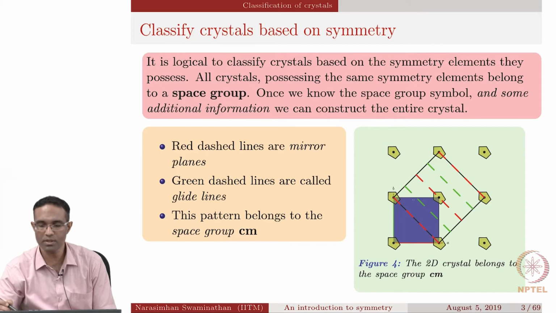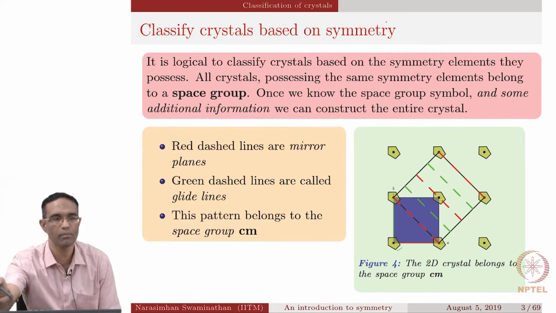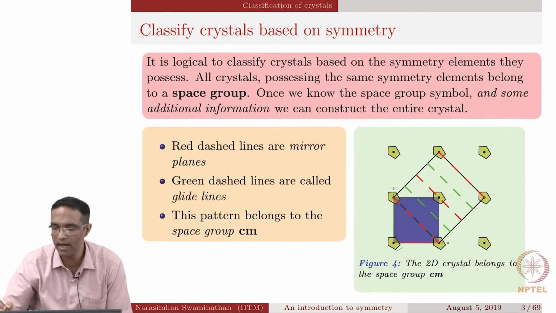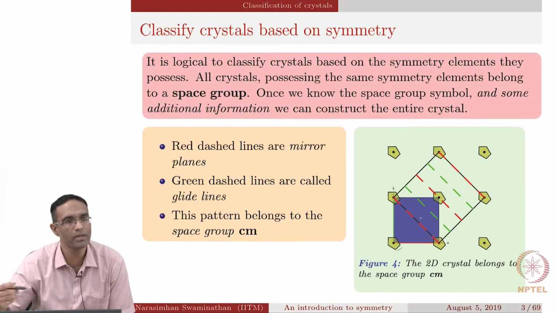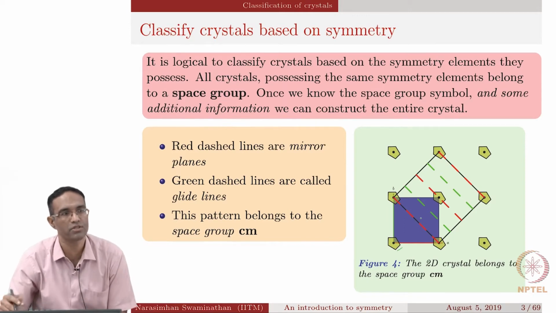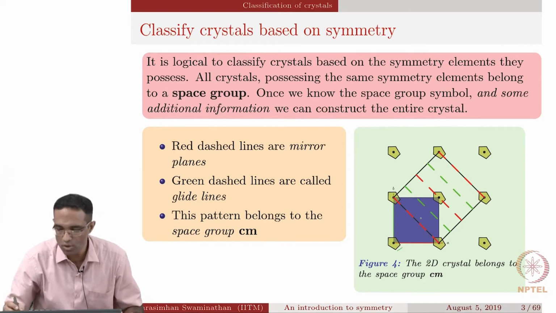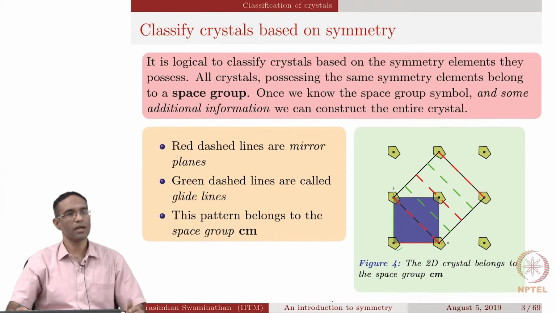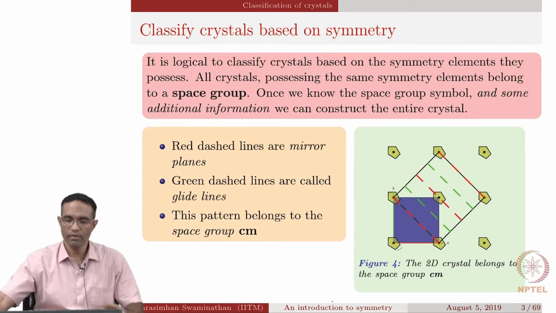It also possesses something called glide lines, because if I take this, reflect it and move it forward, reflect it and move it forward, reflect it and move it forward by half the lattice distance, I still will be able to reconstruct the entire lattice. So we will talk about these additional translation related symmetry operators as well, a little bit later in more detail.